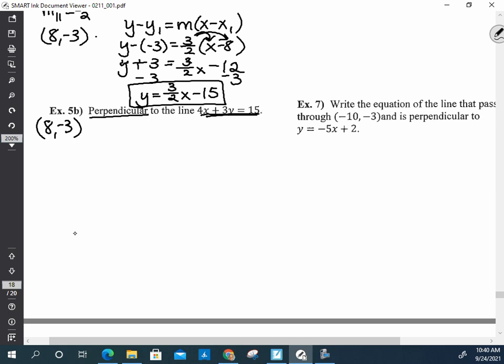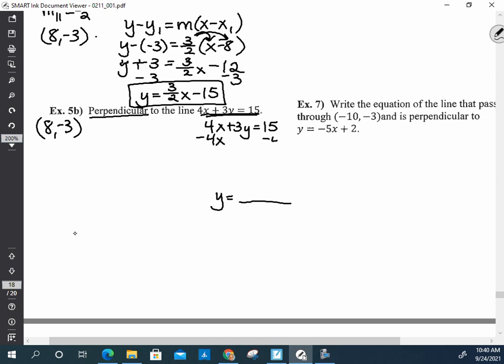So again, we first start with the equation that was provided to us. 4x plus 3y equals 15. Now, a little bit trickier in this case because this is not in slope-intercept form. We need the slope. So we need to transform this equation into y equals something so that we can get slope-intercept form.